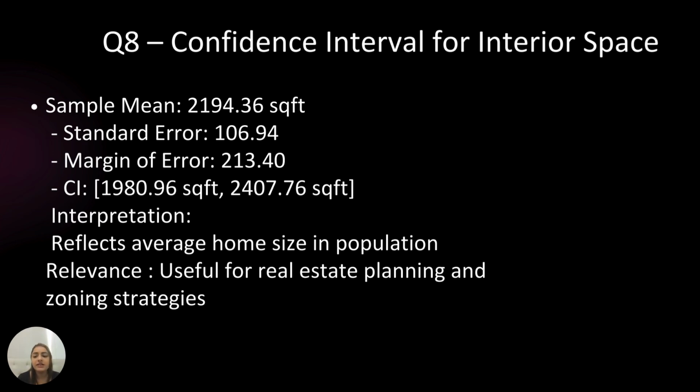Margin of error is equal to 213.40. So the range is 1980.96 square feet to 2407.76 square feet. This gives us an estimate for the average size of homes in the market. It helps in planning home designs and construction, obviously.